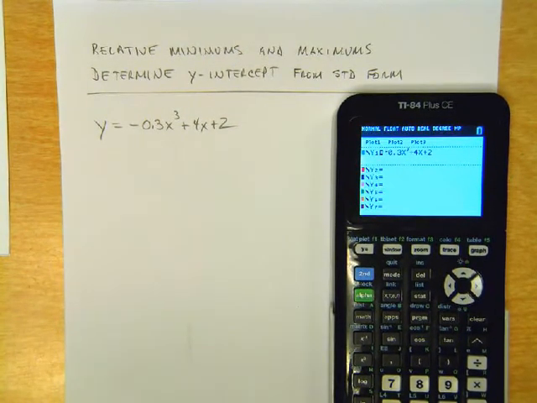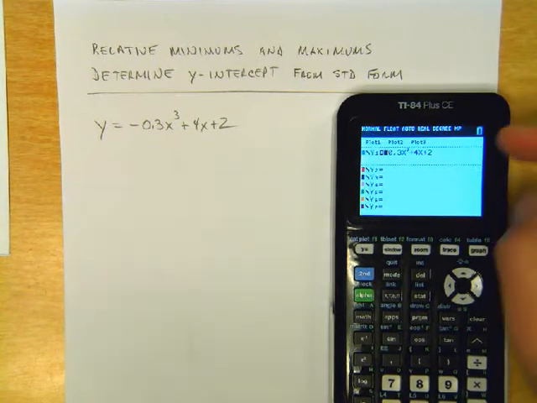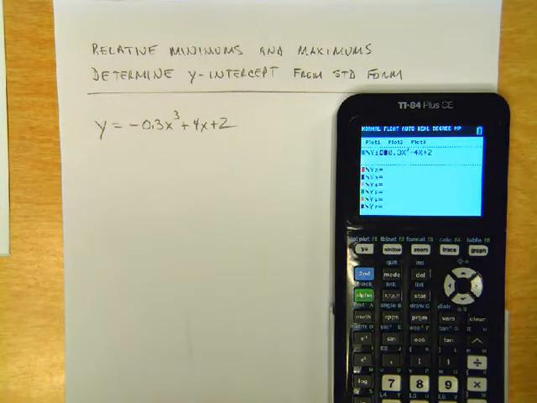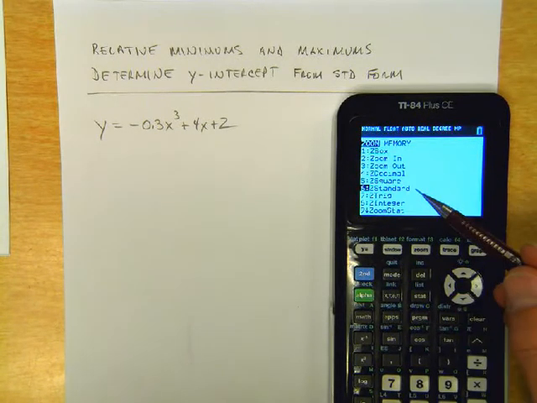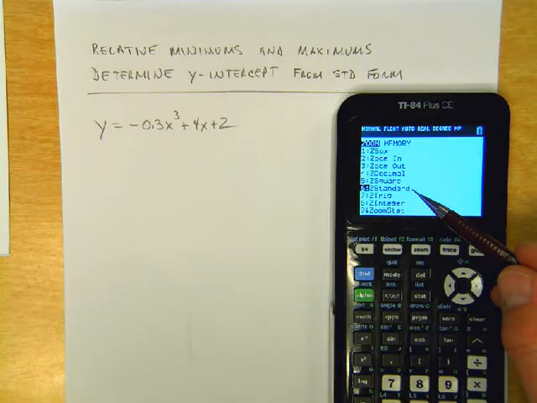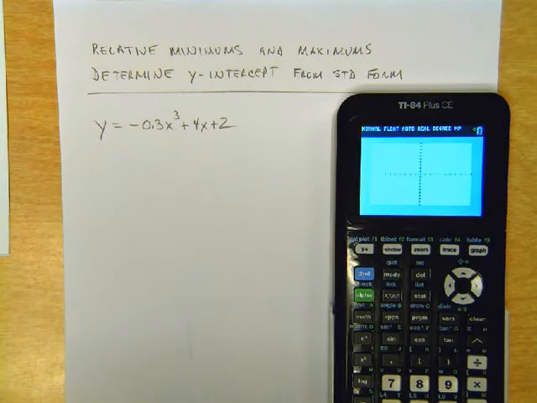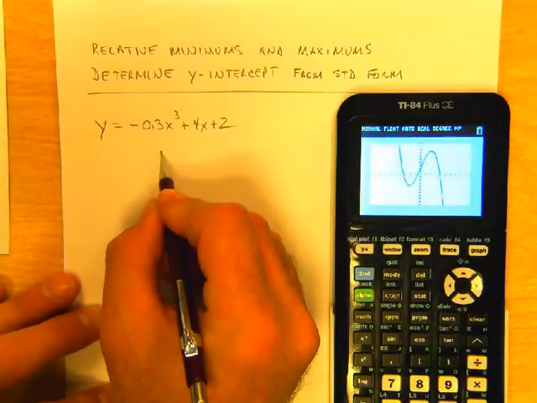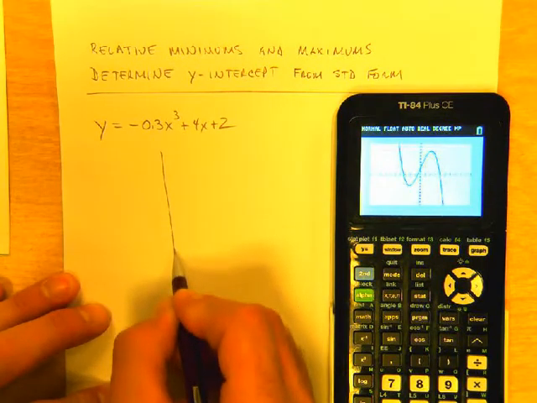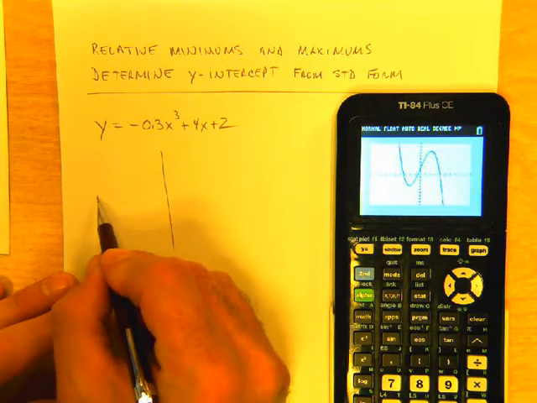When you have this set up, reset the window of your calculator by pressing Zoom 6 or Zoom Standard, and you should get a nice graph that looks like that. And what we're going to do is draw a sketch of this graph without any units on the coordinate system.